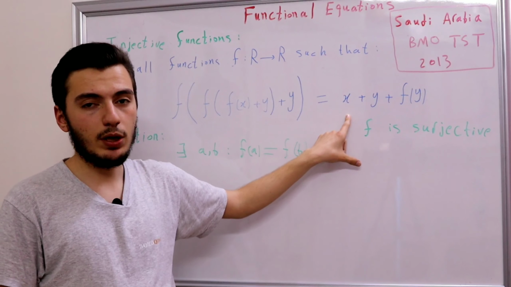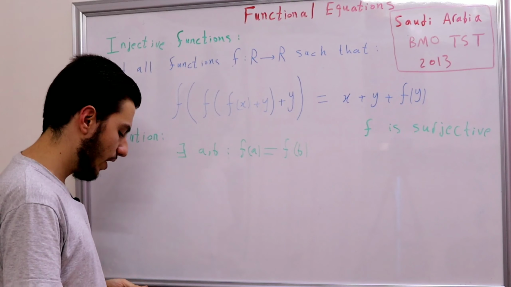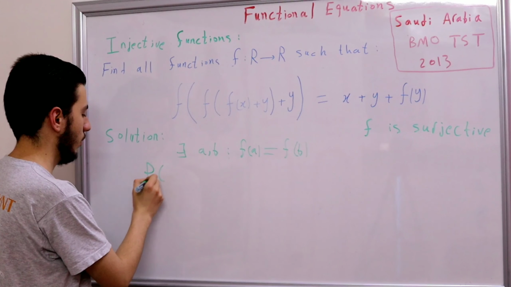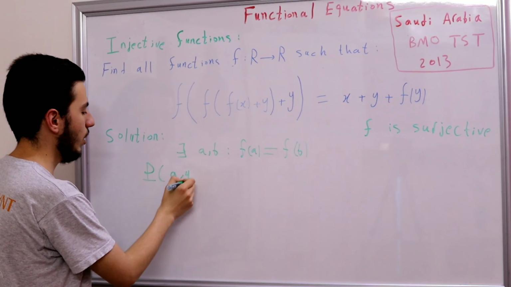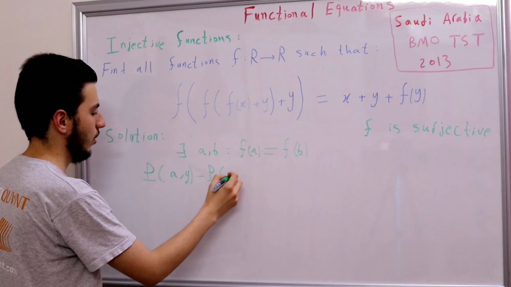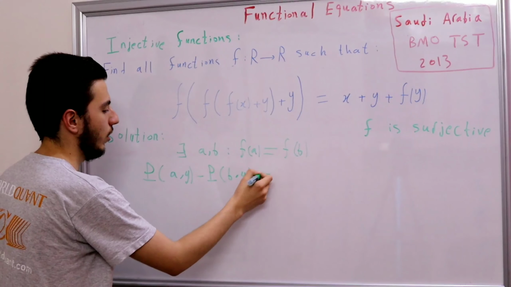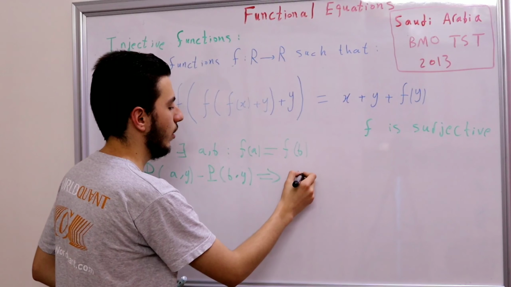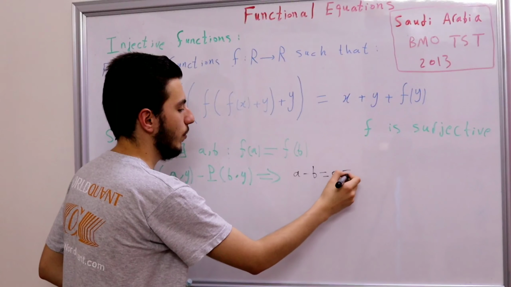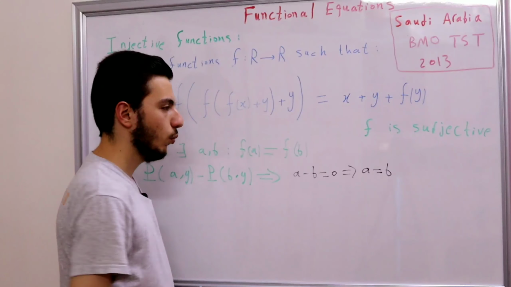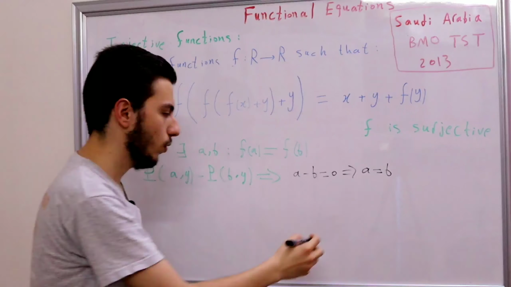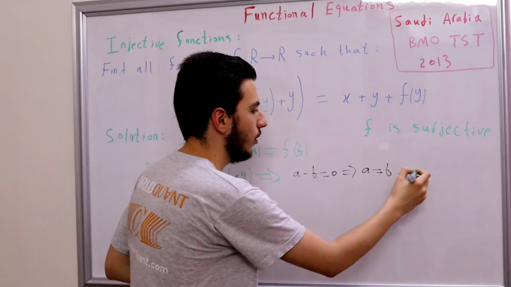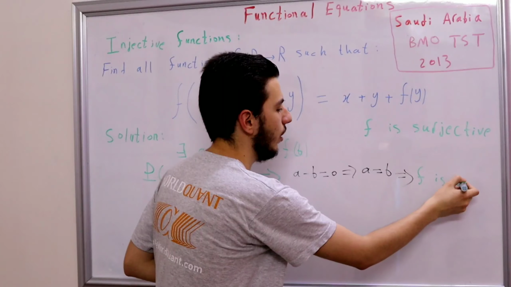So by subtracting, we're going to get a minus b equals 0, which means that a equals b, which means that f is indeed injective.